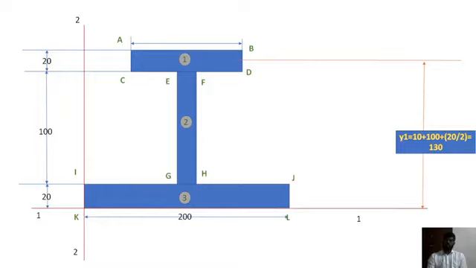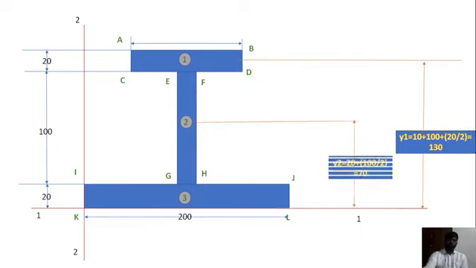The depth is 20 mm, so the center of gravity of the first rectangle is 10, but we are going to consider it from the reference 1 1. Now y1 will become 20, that is the depth of the third rectangle, plus 100, that is the depth of the second rectangle, plus 20 by 2, that is the depth of the first rectangle divided by 2. The y1 value will become 130 mm.